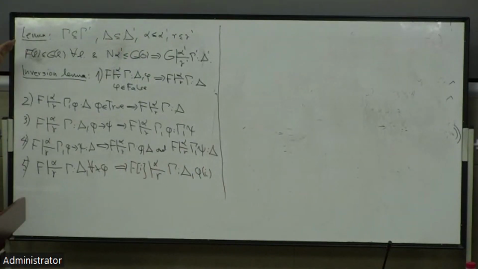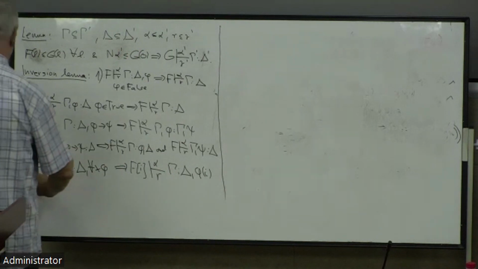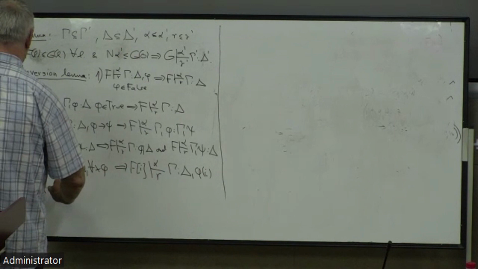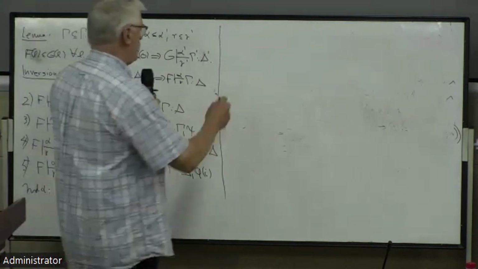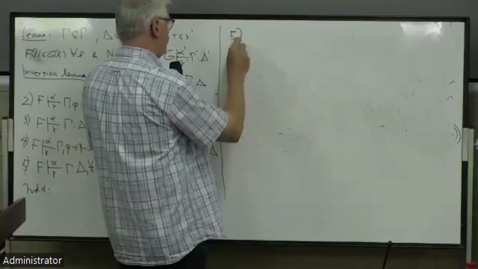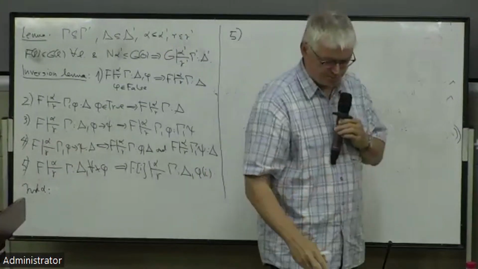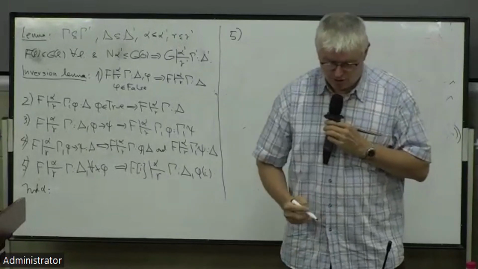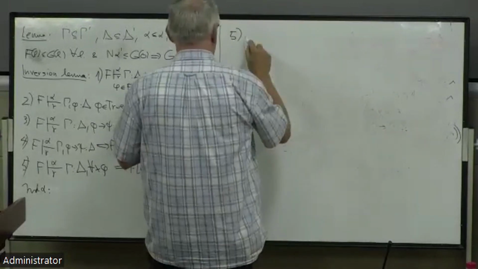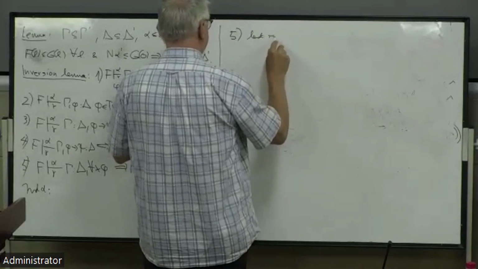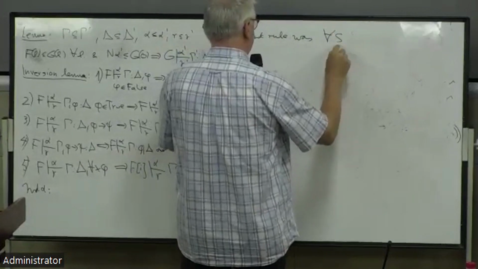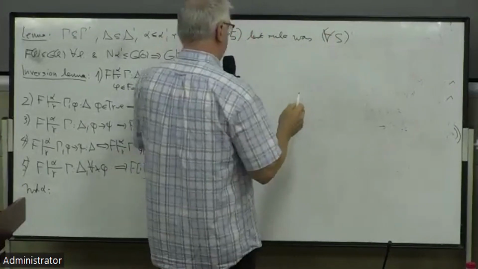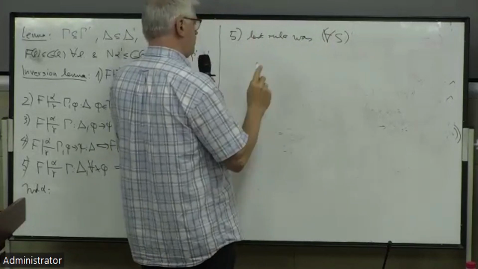All these lemmata are proved by induction on alpha, and they are basically routine. Not really. It's very important to look at the proof of 5. So the critical case is when the last rule was universal introduction in the succeedent. So what's going to happen? Now it's somewhat very tricky.